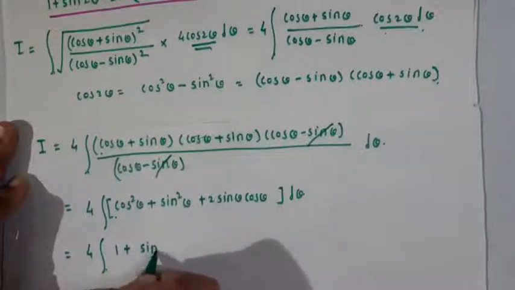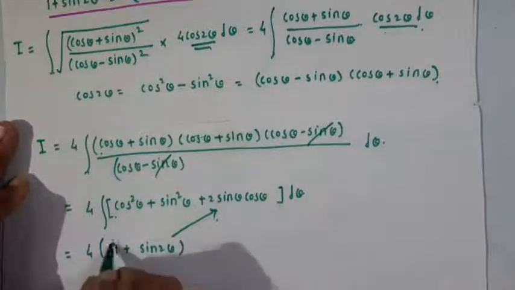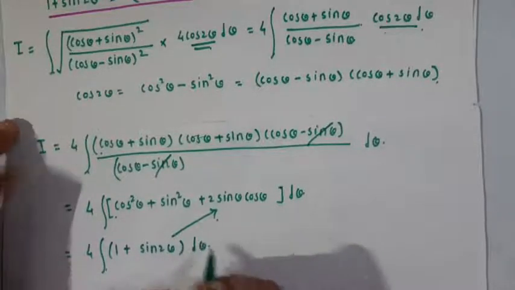By using the formula, this is sin of 2 theta, with respect to theta.